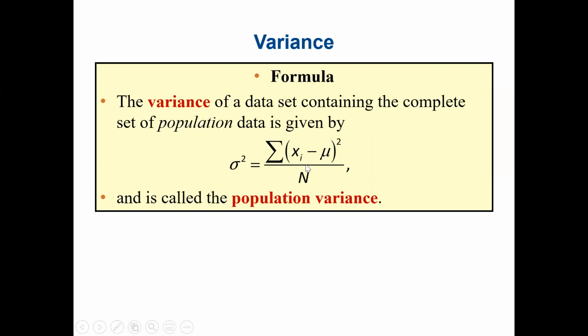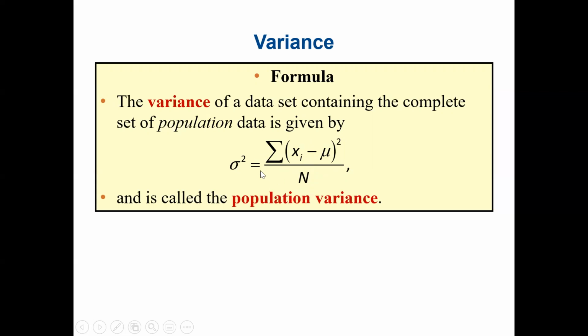So we find the difference of each value and the mean, then we square, then we find the sum of all the squared differences. So here also, it's the same concept as the mean absolute deviation, but this is better. Then we divide by the sample size, or in this case, the population size.